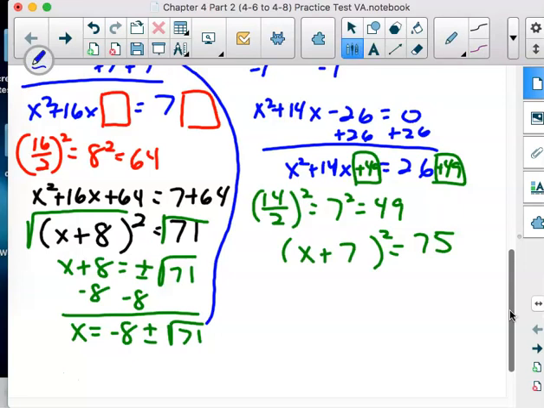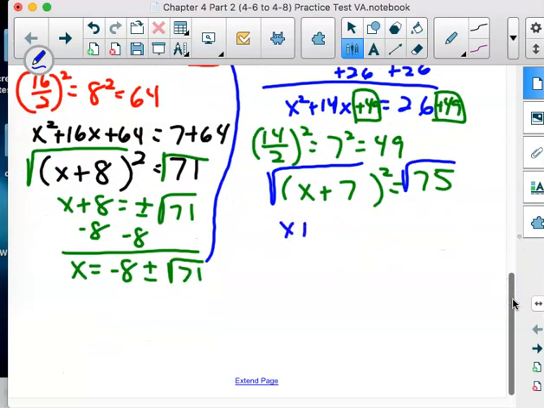Next step. Square rooty toot toot. Square root of 75. Something we could do with that? 5 square roots of 3. So it's square root of 25 and square root of 3.